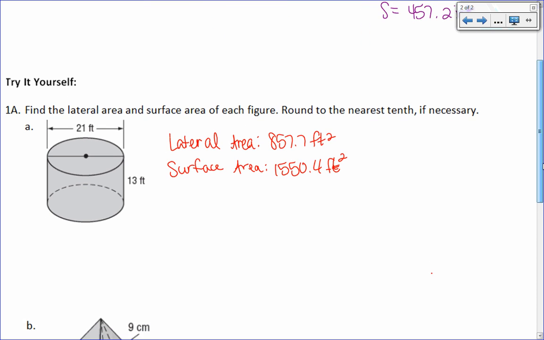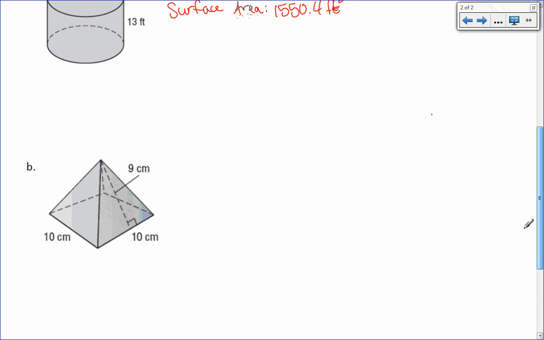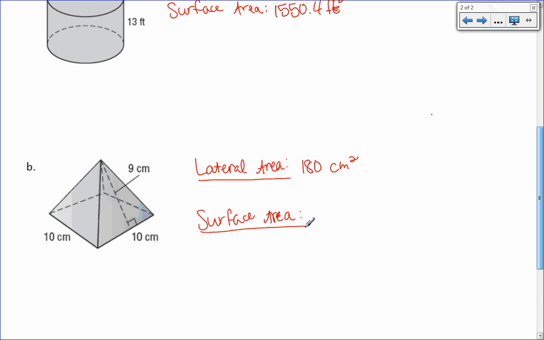Okay. For B, the lateral area is 180 square centimeters, and the surface area is 280.